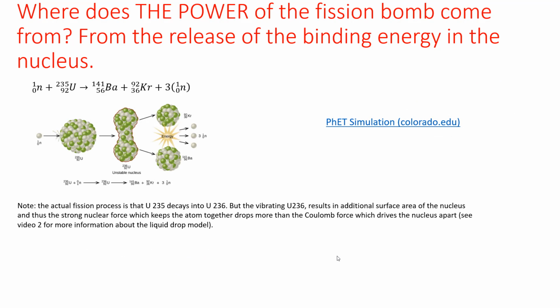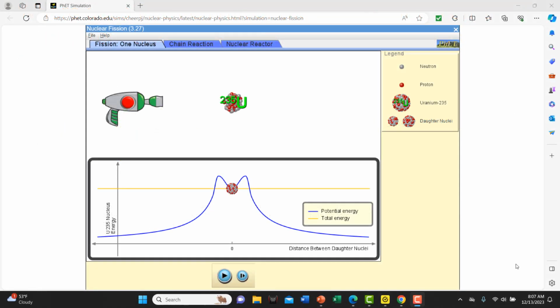Let me show you a simulation of this reaction. I'm going to shoot a neutron from this apparatus towards a uranium-235 nucleus, and that should induce fission.